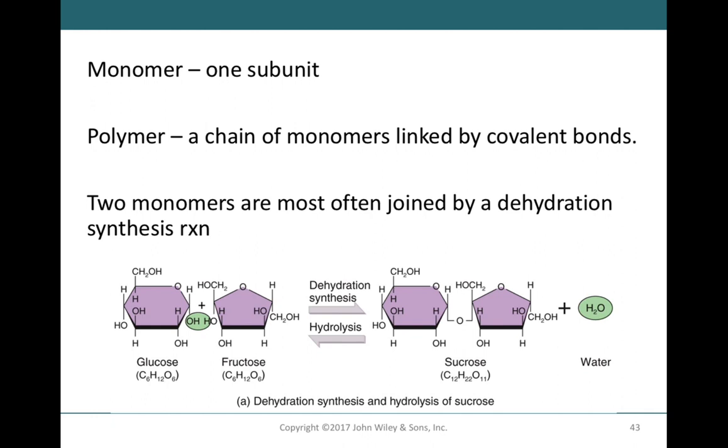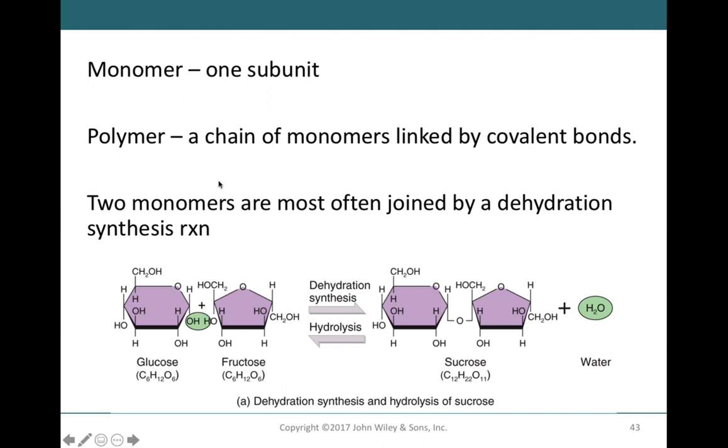Monomers are just a single part. A polymer is going to be a chain of monomers. These macromolecules are polymers of their monomer constituents. Each of these organic compounds is going to have its own unique monomers, and they're going to be in the structure of different polymers.